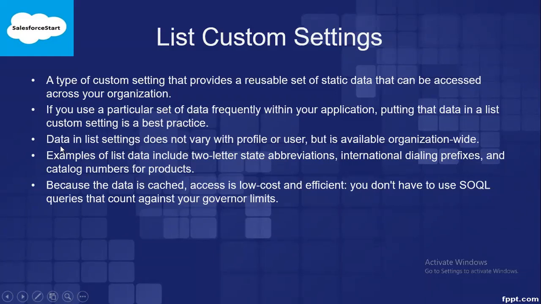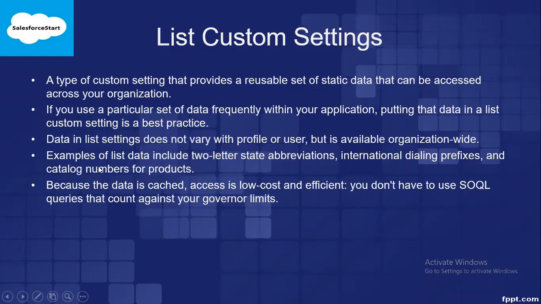Here, data in list settings does not vary with profile or user, but is available organization wide. But in hierarchy custom settings, we can do that for profile, user, and also for our organization. You have seen that also. But in list custom settings, the data will be available all over the organization level.